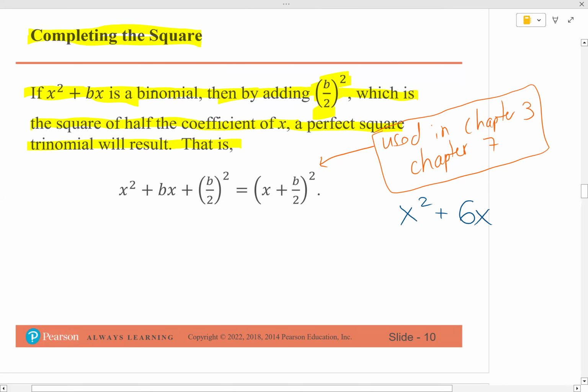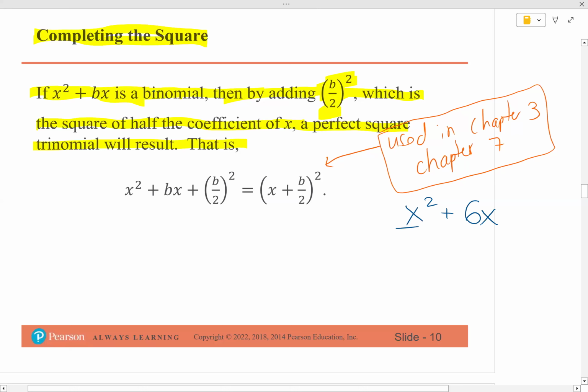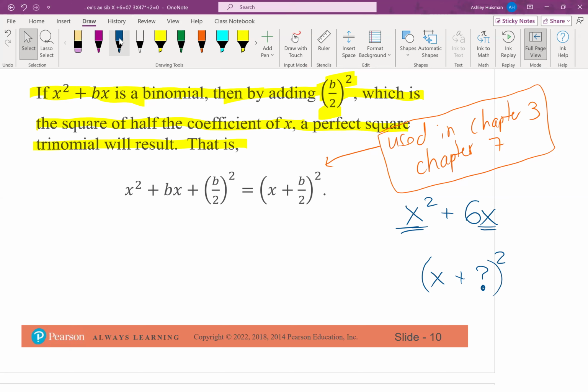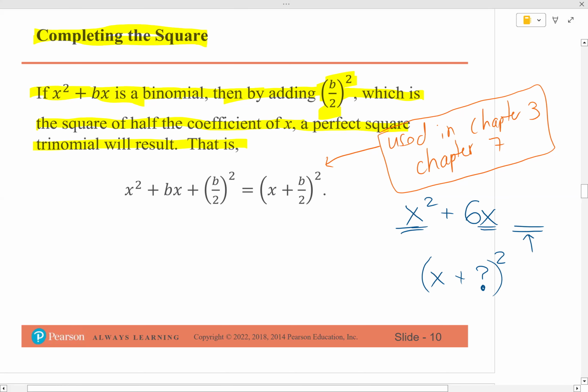So I think the idea is it's hard to solve for x when you have an x in this term and this term, both. So what I'd like to do is write this as the same factor twice, x plus something, squared. Ideally there'd be a special number that goes here, we don't know what it is yet, so that I can factor the trinomial.